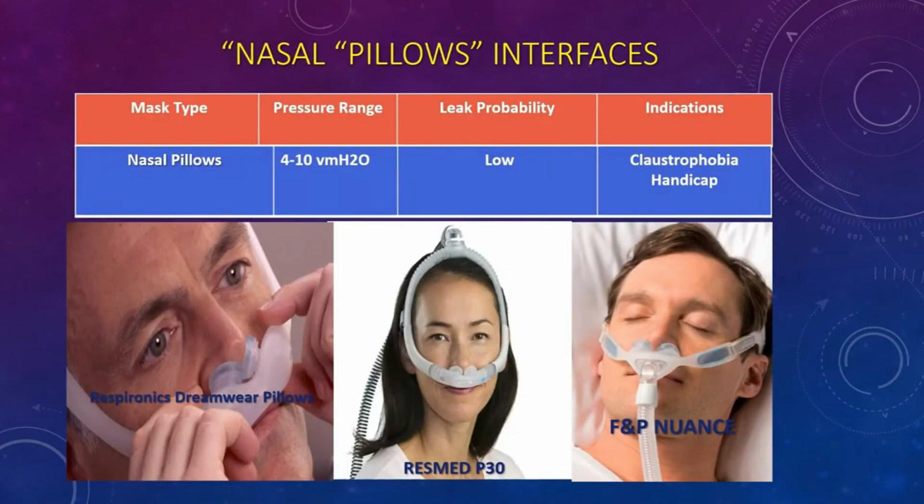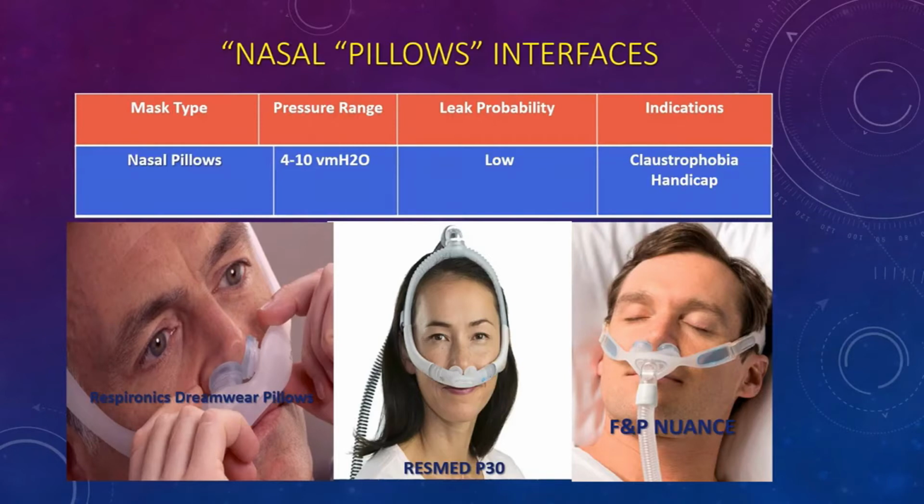The nasal pillows are the first of 5 mask interfaces used in home care. They were first introduced in the early 1990s. They are considered the most comfortable mask interface. On the screen are the 3 most popular types of nasal pillows: the Respironics DreamWear pillows, the ResMed P30 pillows, and the F&P Nuance.